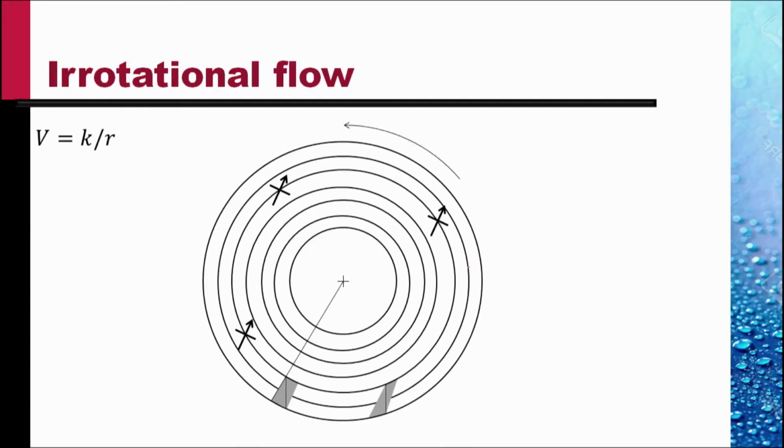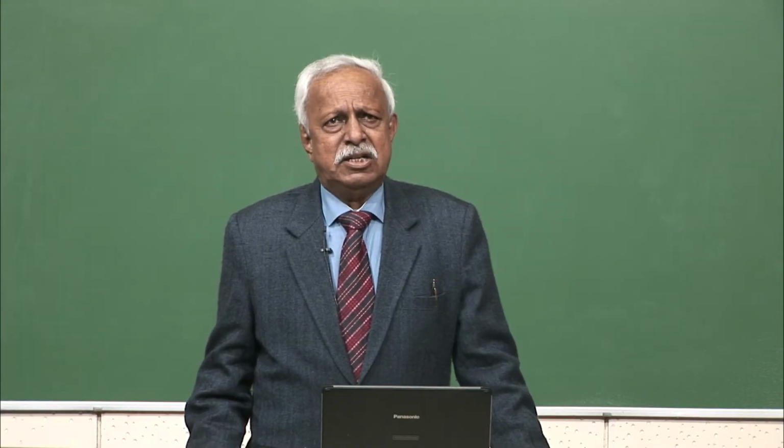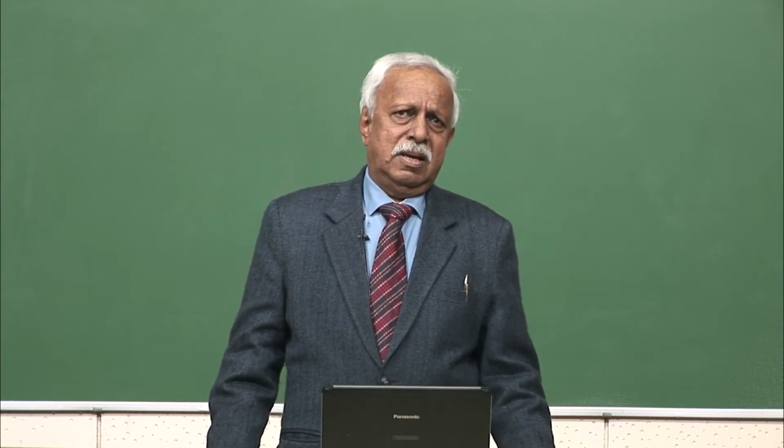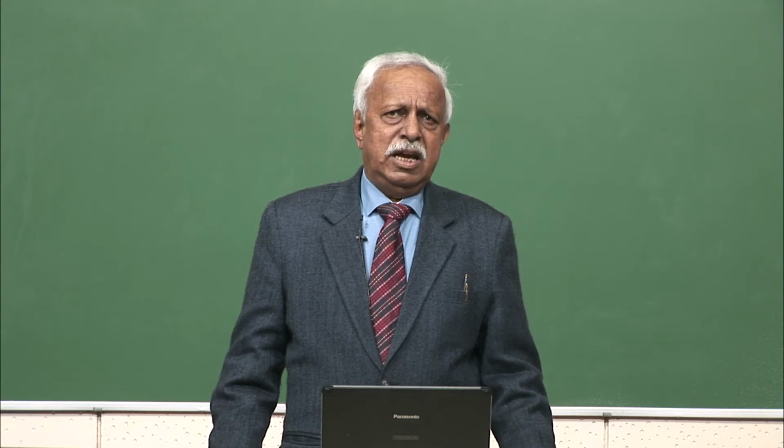On the other hand, even if the streamlines are curved, it is not necessary that the flow be rotational. If I have a flow in which the velocity v in the theta direction is k divided by r, varying inversely with radius, the flow is irrotational.